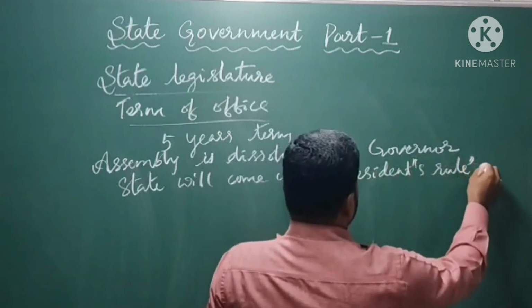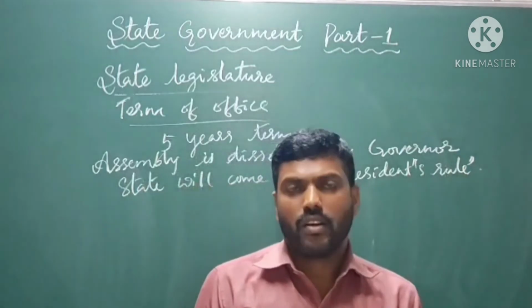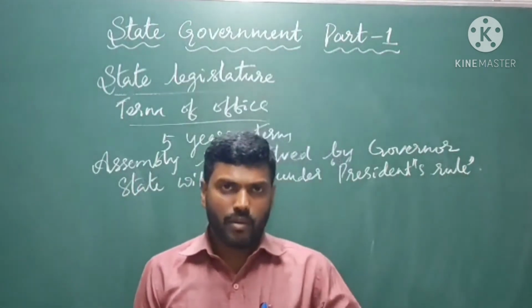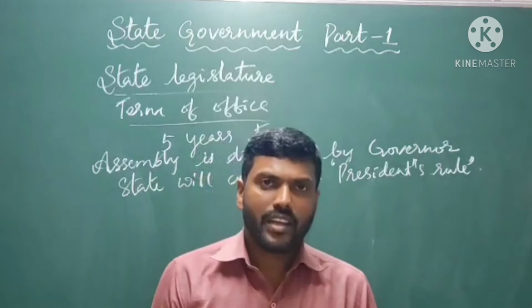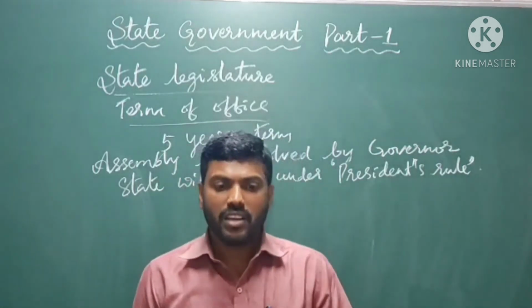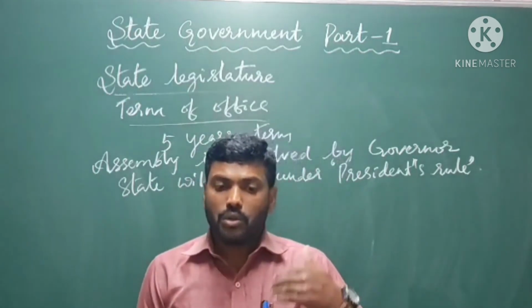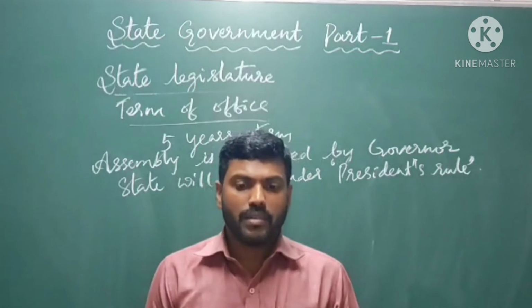In President's rule, governor is the whole and sole head of the government. Okay, in the name of the president, the governor will take charge of complete administration of the state at the time of the presidential rule.